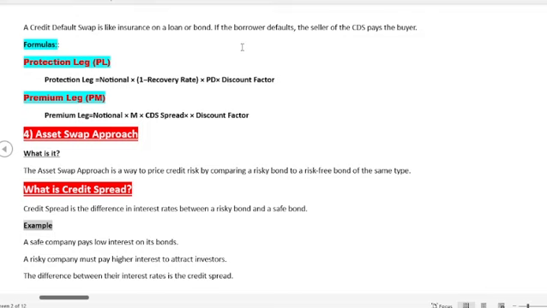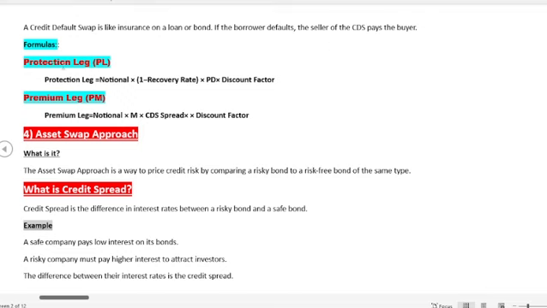If B defaults, meaning he does not pay A the money, then C is the person who gives the guarantee on B. So the credit default swap is like insurance on a loan or a bond. If the borrower, B, defaults, the seller, C, of the CDS pays the buyer.